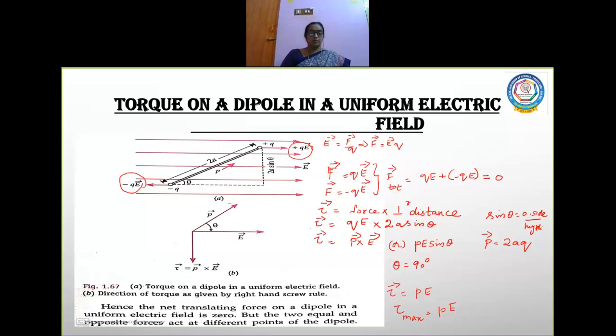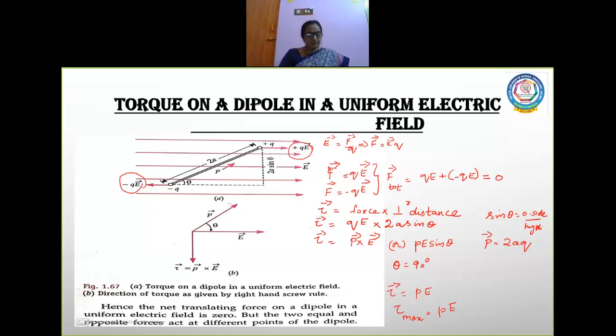So this is about torque on a dipole in a uniform electric field. When a dipole is kept in a uniform electric field, the net force acting on the dipole is 0, but the dipole will experience a torque whose value is given as PE sin theta. Okay?